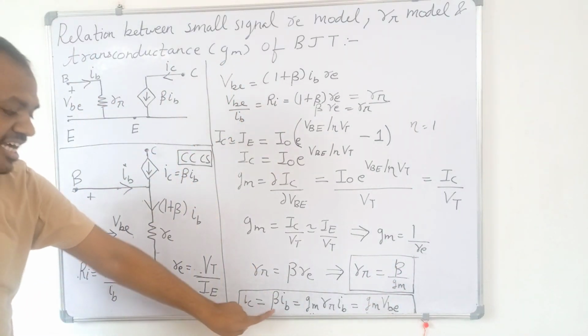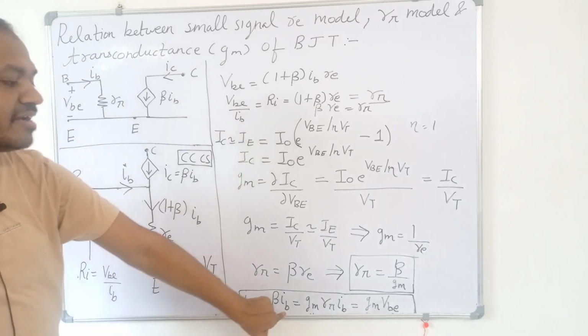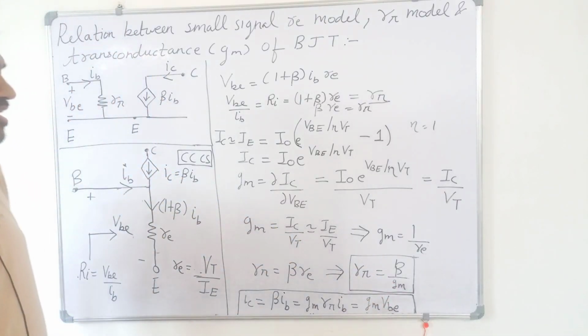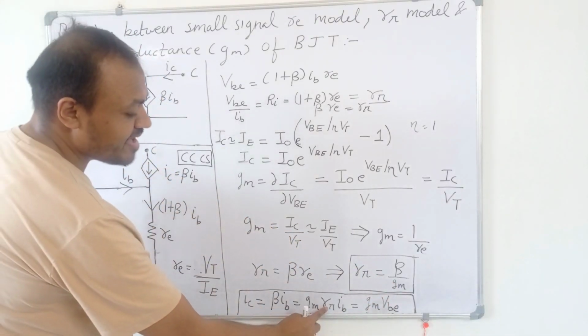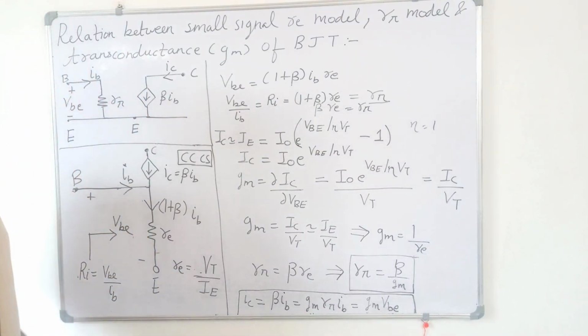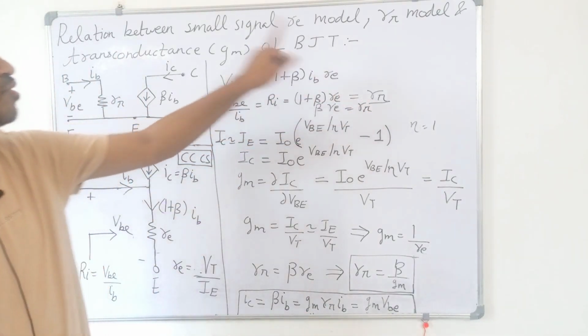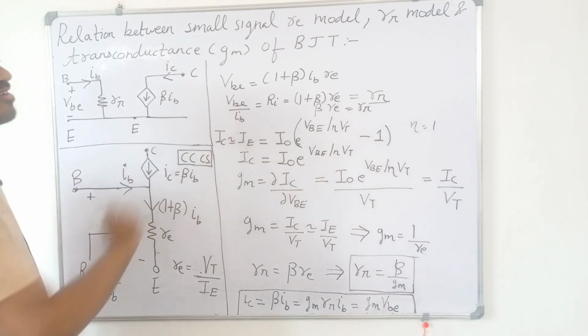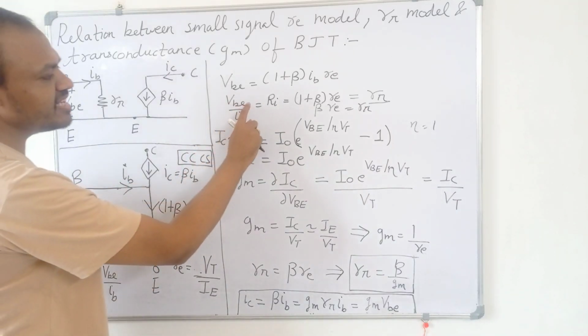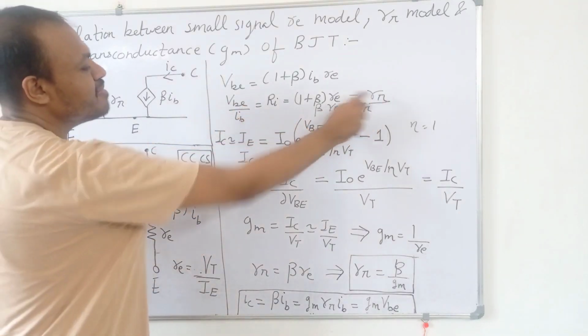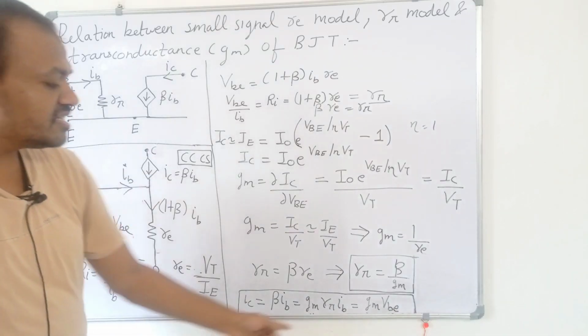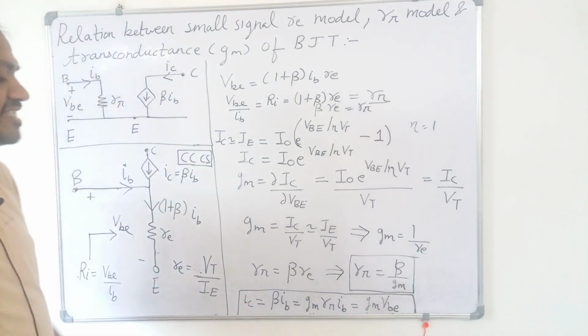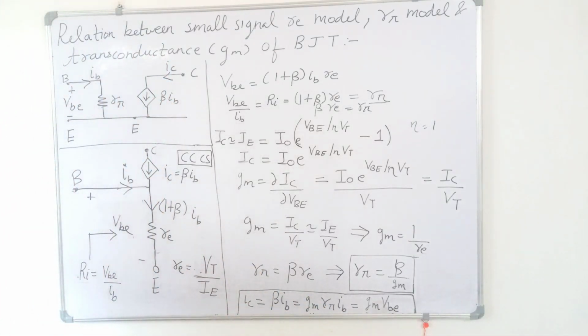Then IC equals beta IB and beta equals gm r pi. So gm r pi into IB, and r pi into IB is nothing but VBE. From this equation you can see VBE equals IB into r pi. So gm VBE is the expression for the collector current IC.